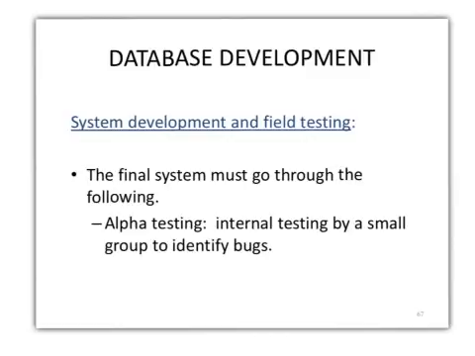First of all, we have alpha testing. This alpha testing is simply an internal test by a small group to identify any bugs. It's not going to be used by the entire group. It will be used by just a very small number of technicians and engineers to identify any bugs.